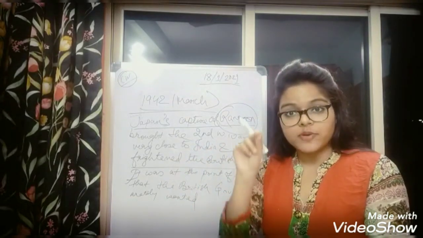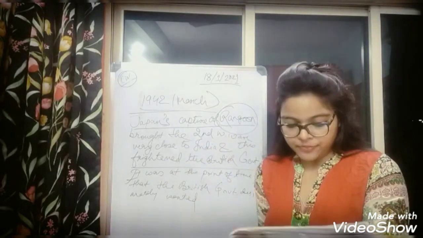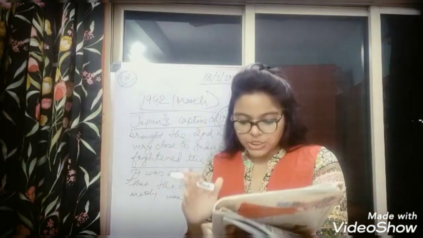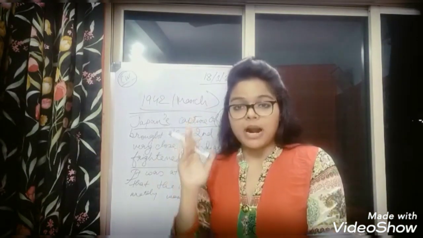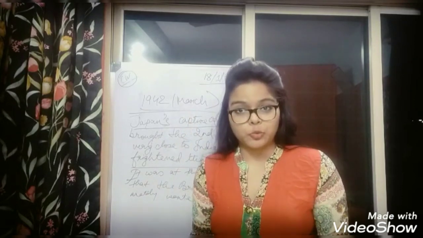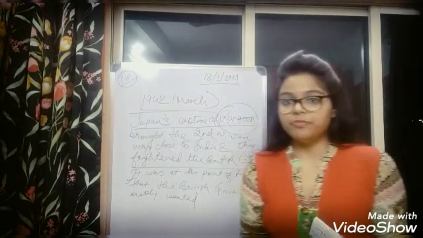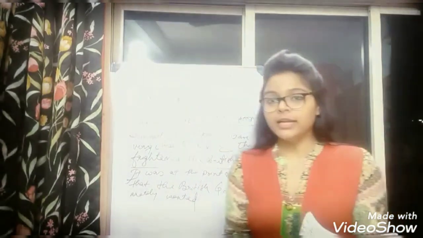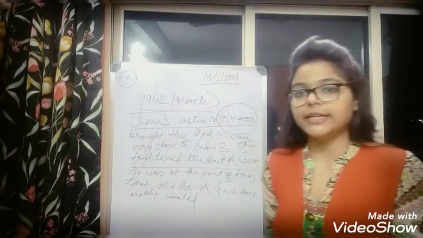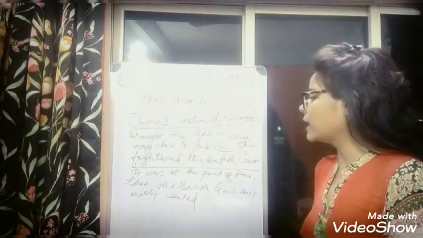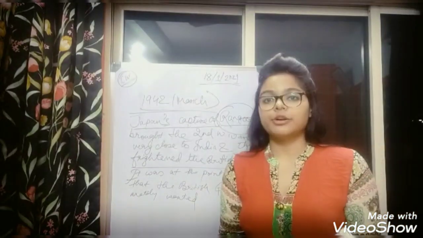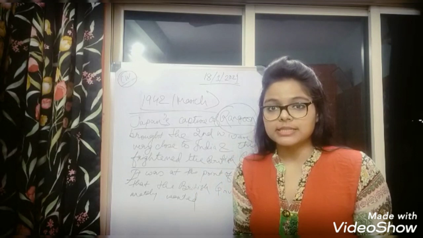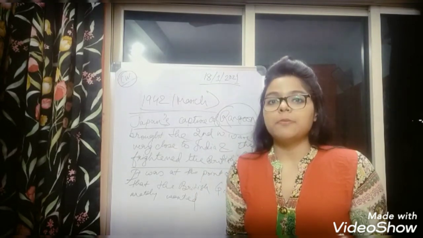So the British government in March 1942 sent a mission to India which landed in Delhi, and was headed by Sir Stafford Cripps, and this mission is called the Cripps Mission.